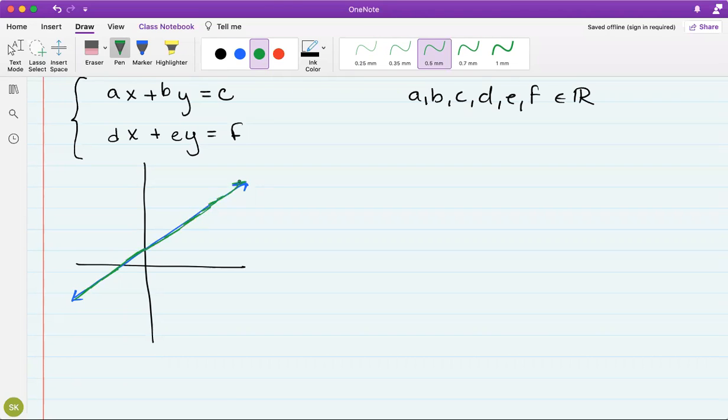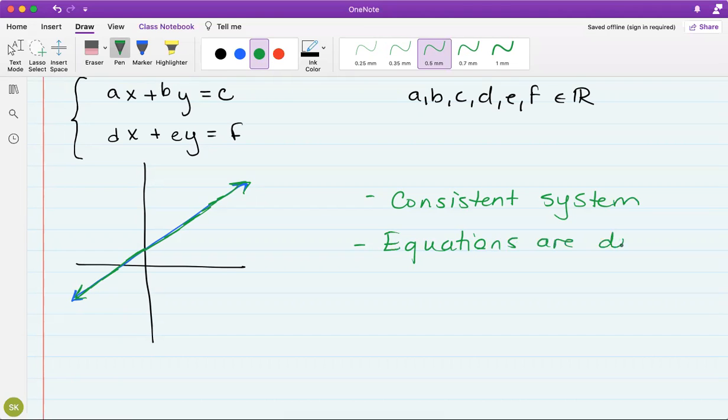And those 2 lines lie on top of each other. So when the two lines lie on top of each other, this is a consistent system. And the equations are dependent. And you're going to have infinitely many solutions.